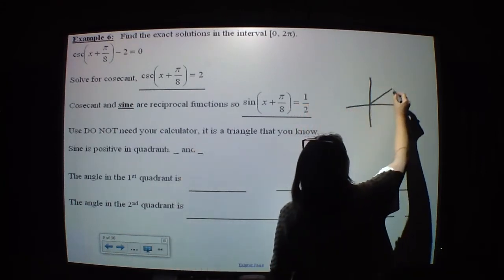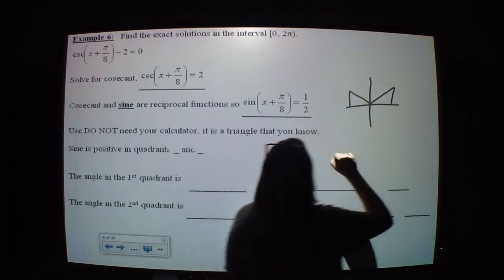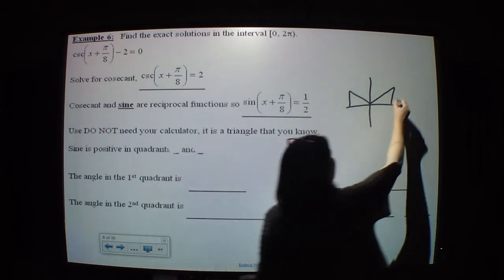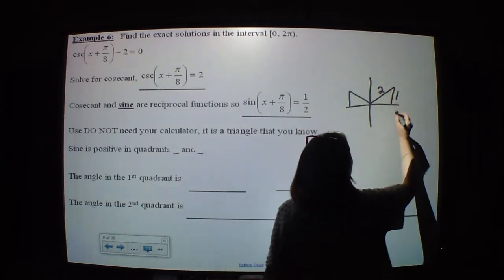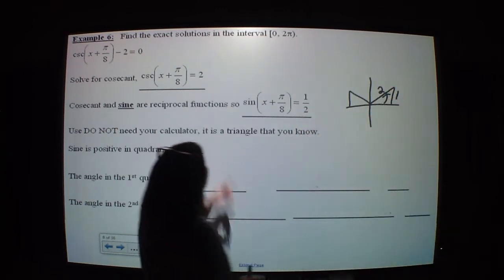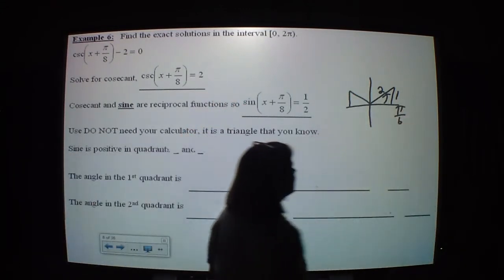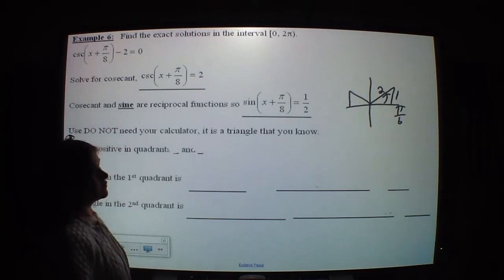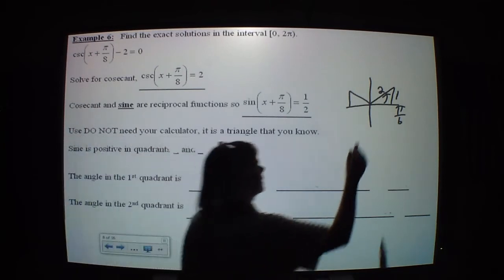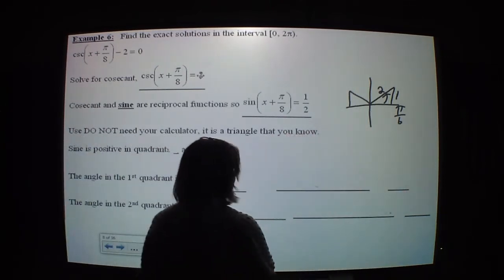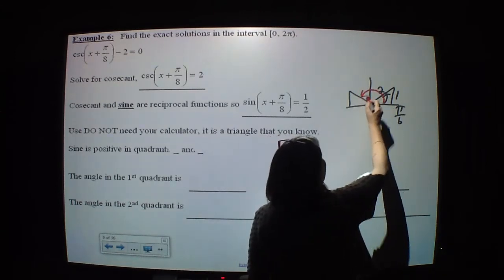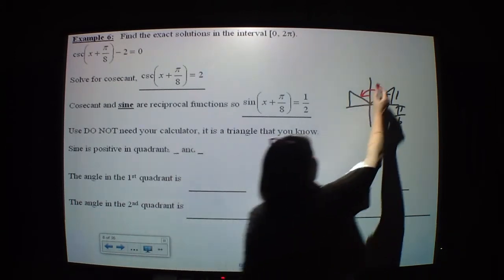Sine is positive in the first quadrant. It's also positive in the second quadrant. Opposite over hypotenuse. So my reference angle in radians is pi/6. So in the first quadrant, I'm pi/6. In the second quadrant, I'm pi minus pi/6, which is 5 pi/6.